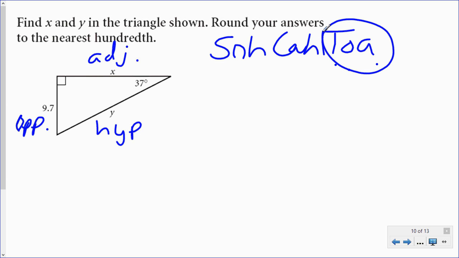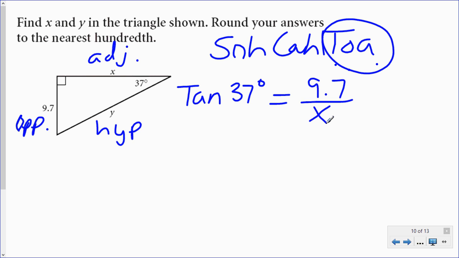So we could set this up as tangent of 37 degrees equals opposite, which is 9.7, over adjacent, which is x. And then we basically are going to solve for x.